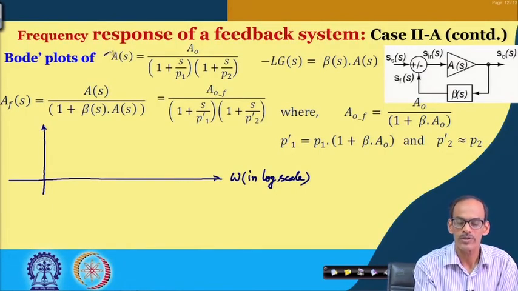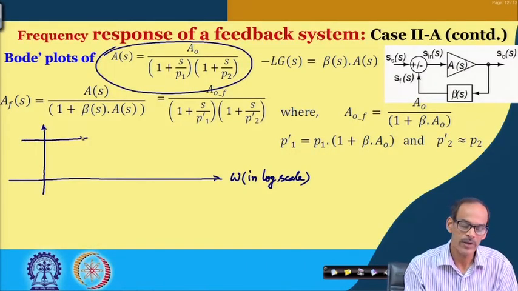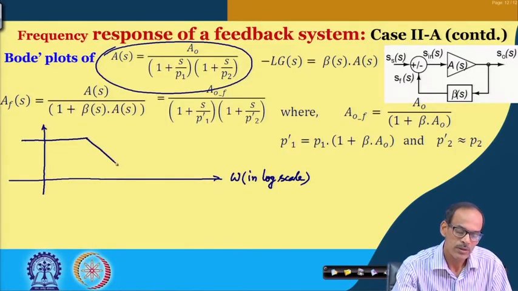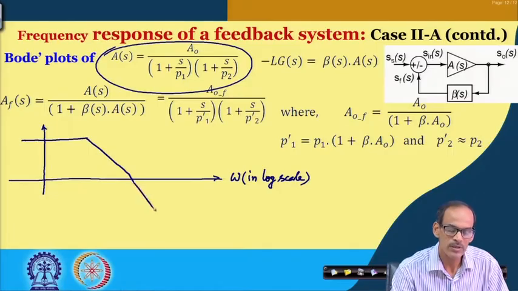So, to start with, if I consider this A, we do have a pole here at P1, and then we assume that the corresponding second pole is sufficiently high, or located at a very high frequency.